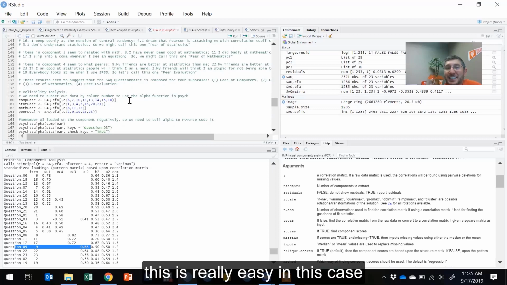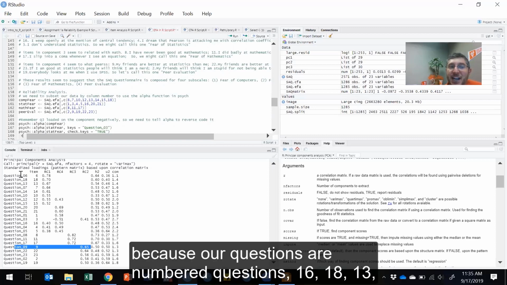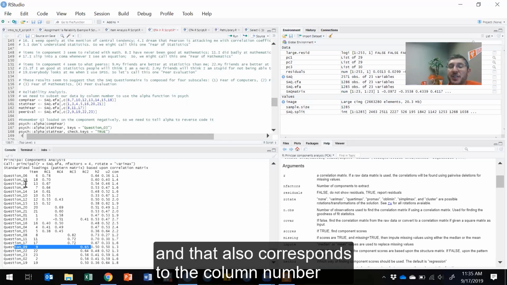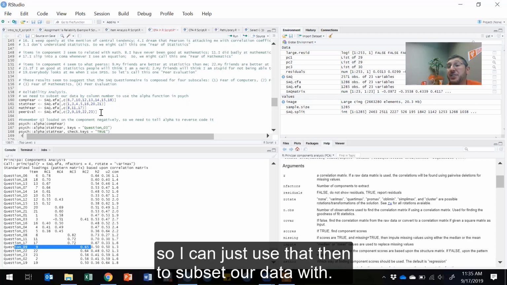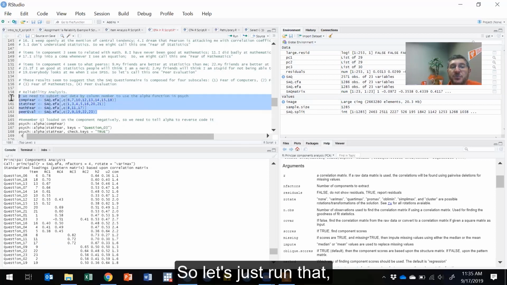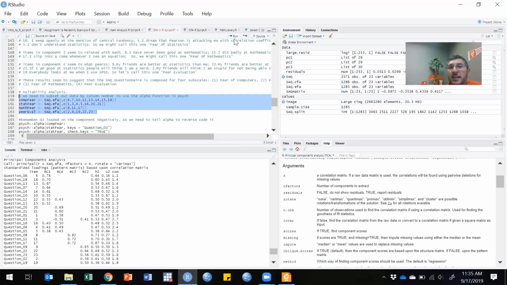This is really easy in this case because our questions are numbered questions 16, 18, 13, and that also corresponds to the column number. So I can just use that then to subset our data with. So let's just run that.